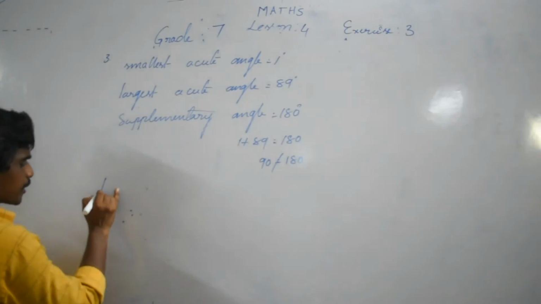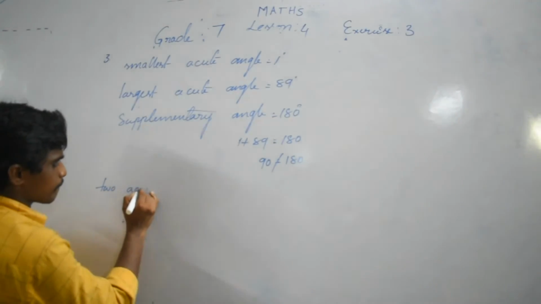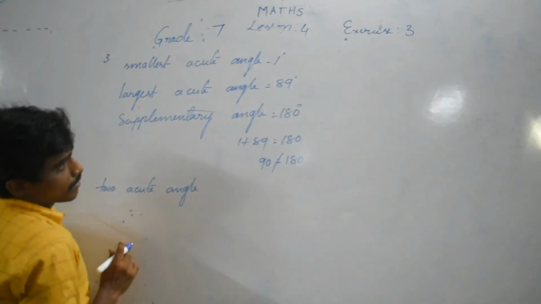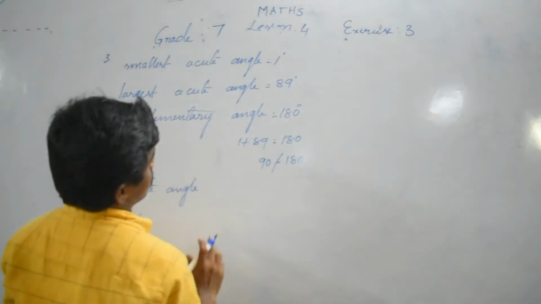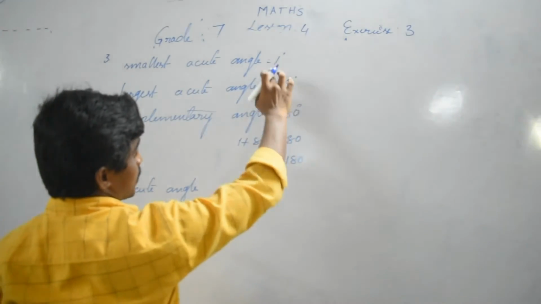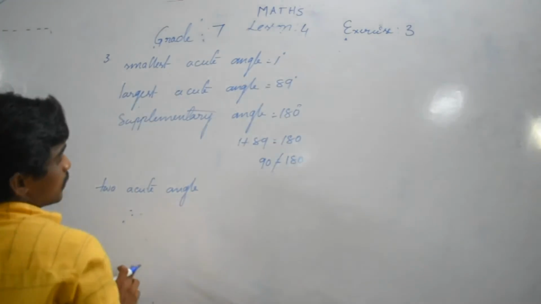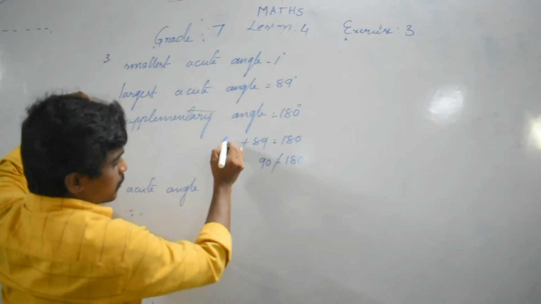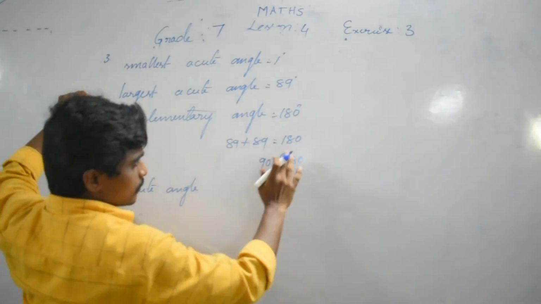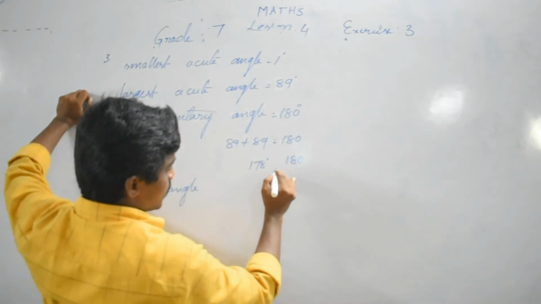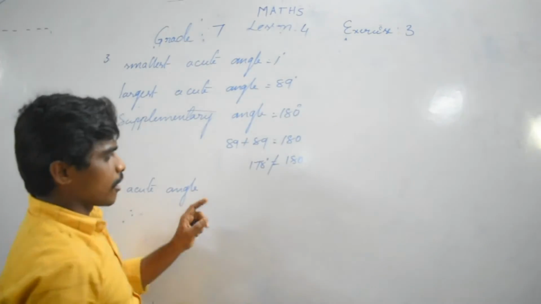So two acute angles, here the largest acute angle is 89, and the smallest acute angle is 1 degree. So we add the two largest acute angles. How many degrees? 178 degrees. So these are not equal to 180.